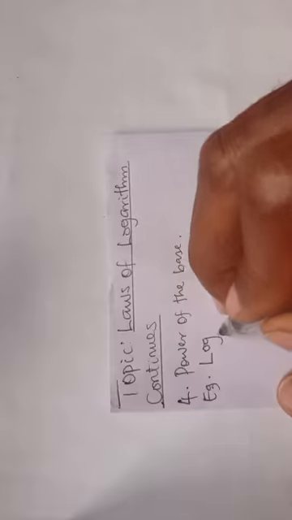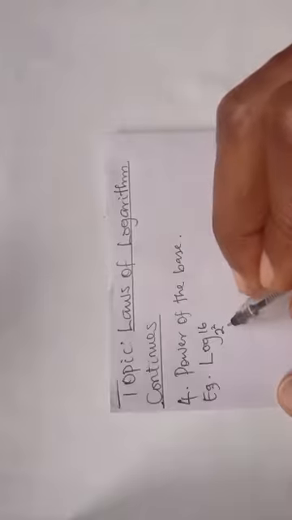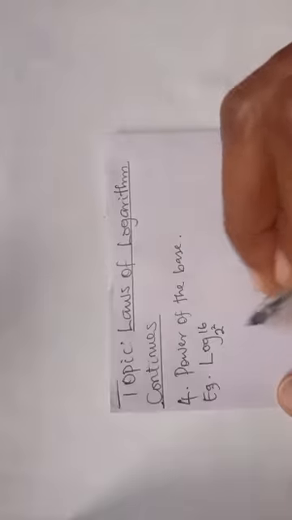Example is something like this. Let me say I have log 16 to base 2. Now this base has power 2 here. Is that okay? Now what becomes of this particular stuff?